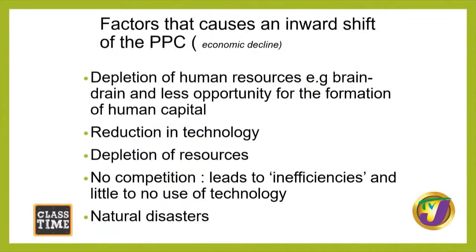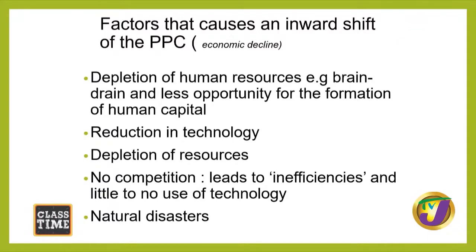And what could cause that? A depletion of human resources. For example, brain drain, right? So when the nurses leave or the teachers leave or our specialists or our technicians leave and they go to other countries, that can cause an inward shift of the PPC.